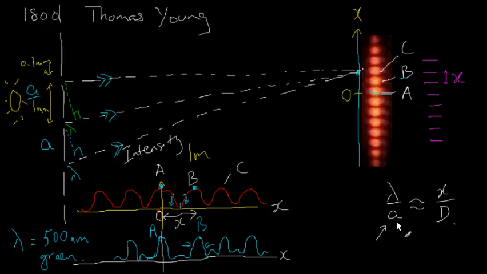For example, if a is smaller, x will be bigger, because lambda divided by a smaller number will give a bigger answer. And if x is bigger, it's also easier to measure more accurately. If you measure a bigger distance, you'll get less percentage error in the measurement. So that's one thing. We can try to make a smaller.